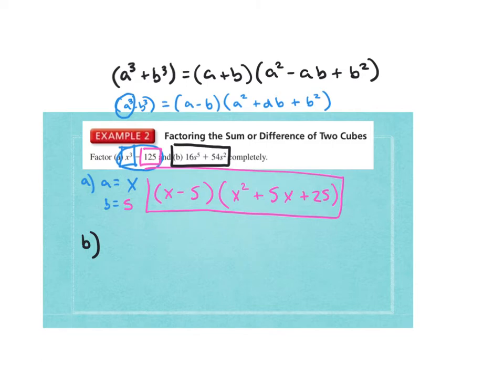Any greatest common factors that we can take out? s squared.